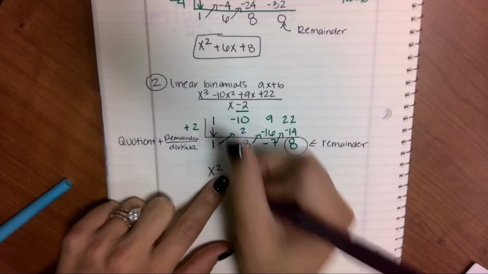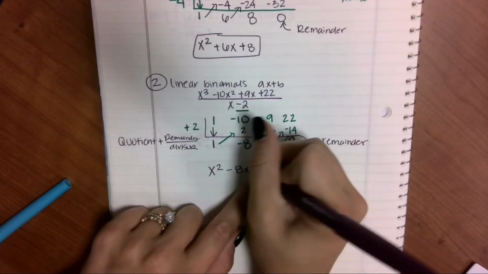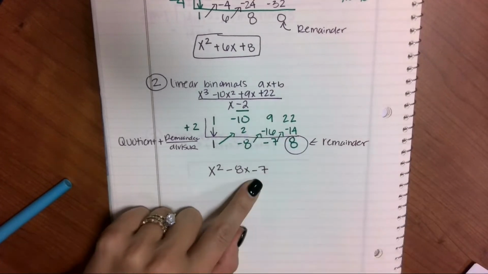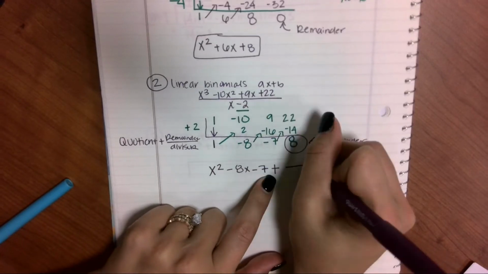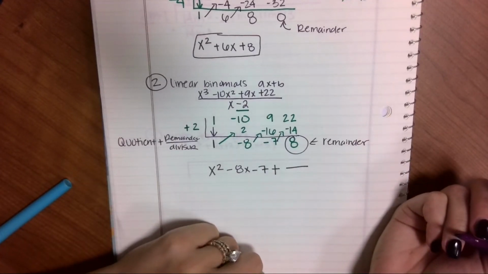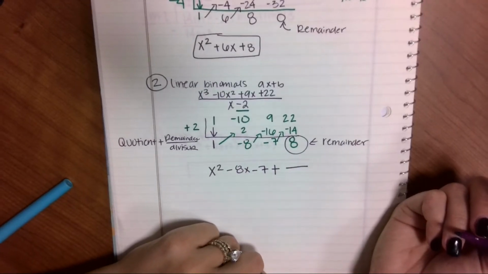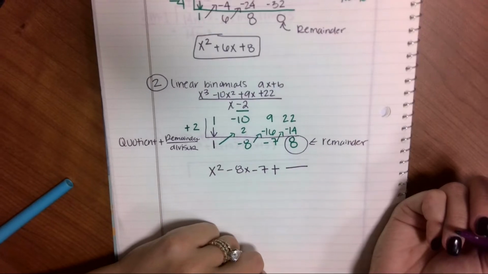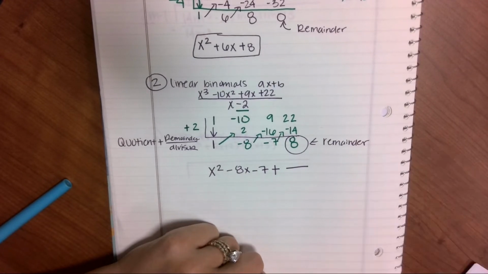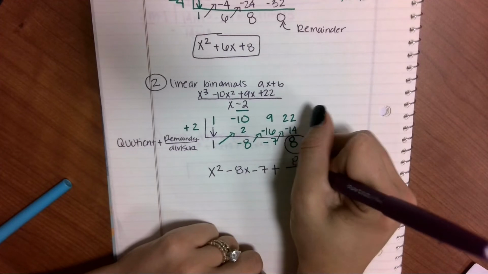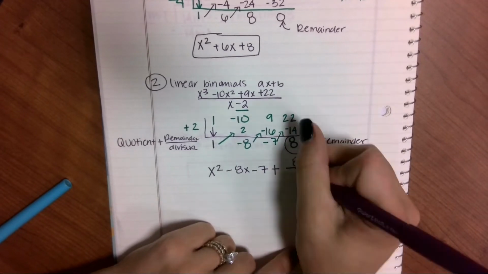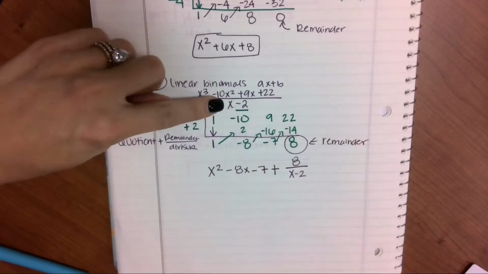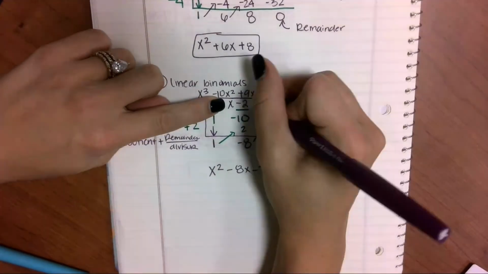And then I have minus 8x minus 7. And then plus what's going on the top part of my fraction? Yeah, 8. The lower, x minus 2. It's whatever's up here. This is your divisor.